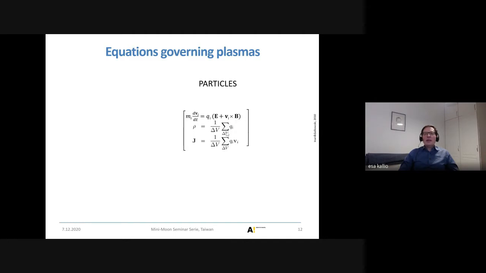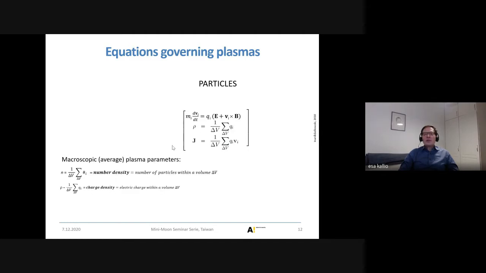But actually, what we also need to calculate is the charge density, so we are collecting how much charge we have in a given volume. And then also the electric current density, so we are collecting the charge times velocity, divided by the volume inside which we have collected those particles.